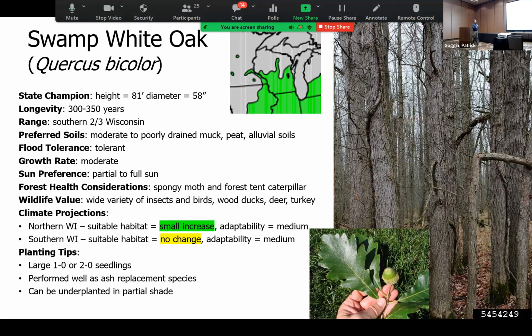This species is on its southern edge. It will move north as that climate warms. And in some of these ash silvicultural trials that I talked about, swamp white oak is oftentimes a species that we see doing best across the Lake States area. So really neat species. You see it planted more, but it has lots of potential.